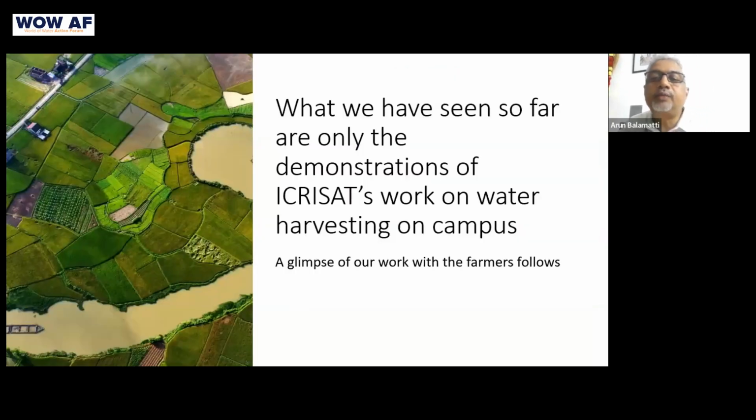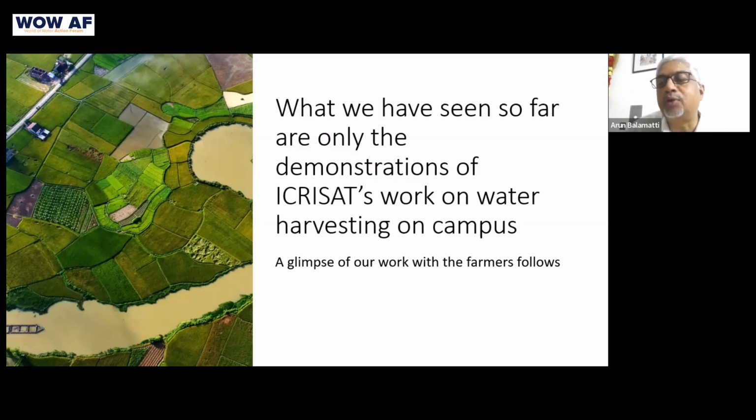So what you have seen so far is only some examples of how we go about rainwater harvesting on the campus. We have already seen that calculation: 1,400 hectares into 10,000 square meters and around 850 millimeters of rainfall gets us nearly 12 billion cubic meters of water.